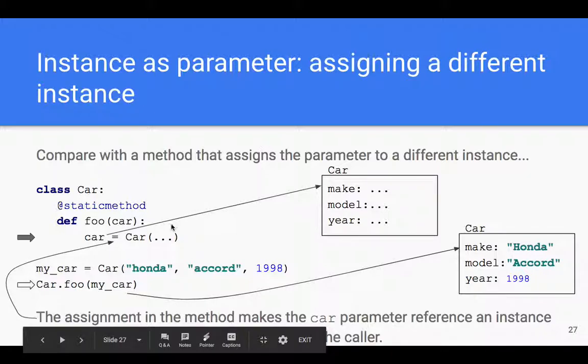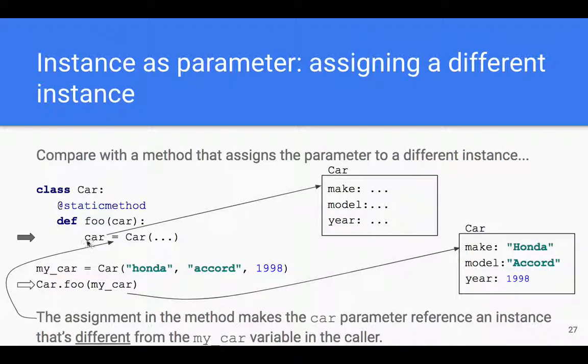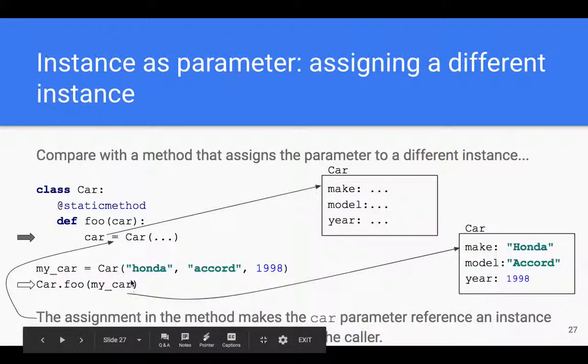However, as soon as we set car equal to a different car object, then car, the parameter, is pointing to a different instance of car, but whatever the global my car was referencing before is still referencing the same instance as before.